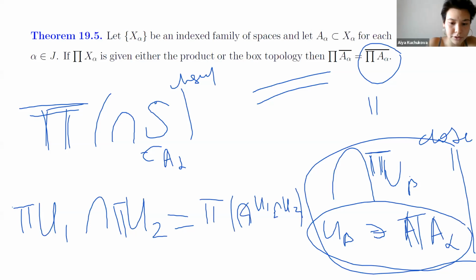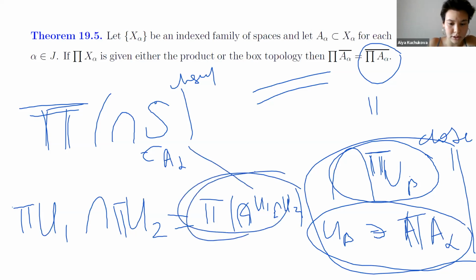So you get my idea, right? Basically, the intersection of two cross products would be equal to a cross product of little intersections. And so if we write it in this fashion, this intersection of closed sets would be equal to a cross product of intersections of closed sets. And so we come to this thing, I guess, right?